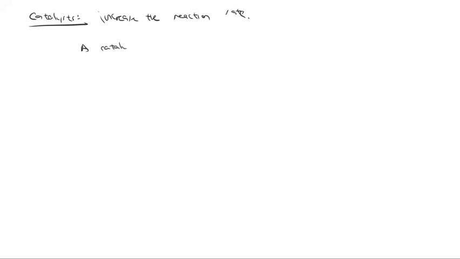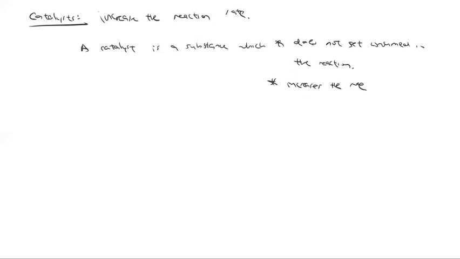A catalyst, by definition, is a substance which is not a reactant, so it does not get consumed in the reaction, so it doesn't get used up. And by definition, it increases the reaction rate. If you've got it, the reaction rate goes up. If you don't have it, then it doesn't go up.